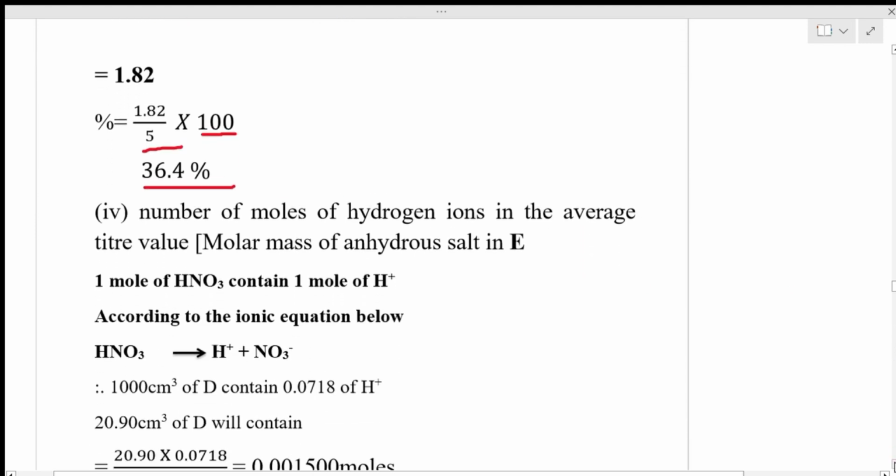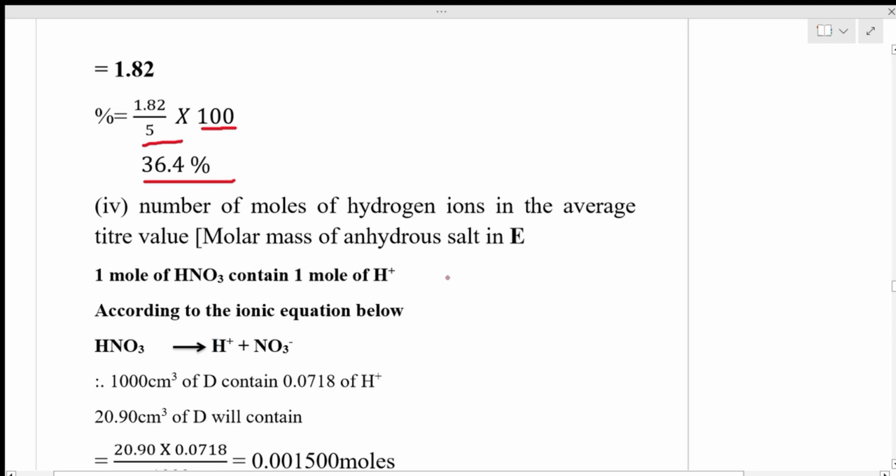So finally in this question, they said we should calculate the number of moles of hydrogen ion in the average titre. The molar mass of this we know already, 106 gram per mole.